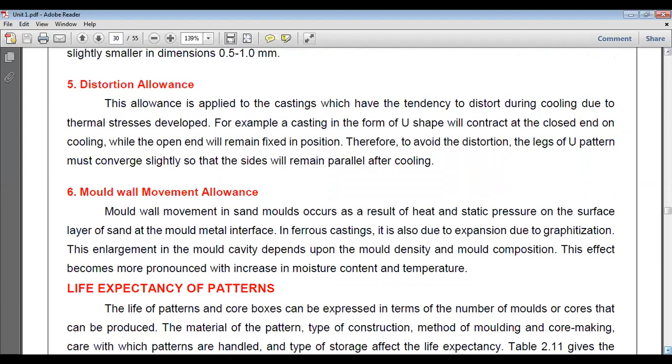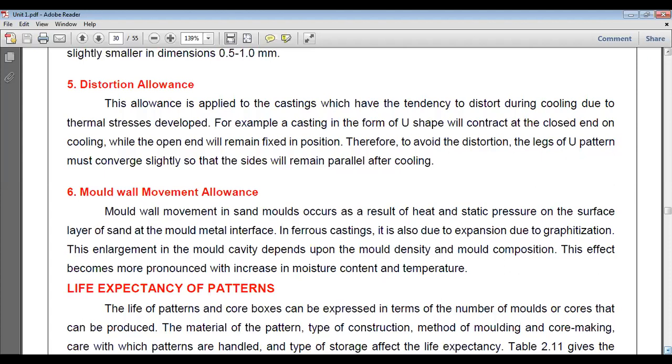So when the molten metal is poured into the mold cavity, there are chances that the sides and walls of the mold may get distorted because of heavy heat, because the melting temperature of most heavy metals is around 1600 degrees centigrade.